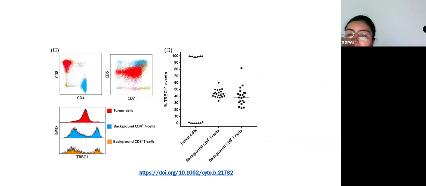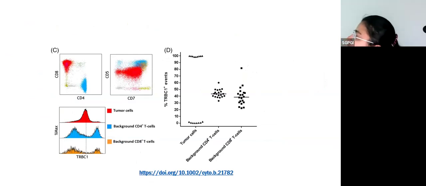In addition to that, this is another example of how the TRBC staining can come. This was the case of a TLGL. You had CD8 positivity, CD5 dim, CD7 dim. And when you look at the TRBC1 expression, it is dim, but it is definitely positive. So the peak is not overlapping with the negative peaks of CD4 and CD8. It is shifted to the right. It is not just bright positive.